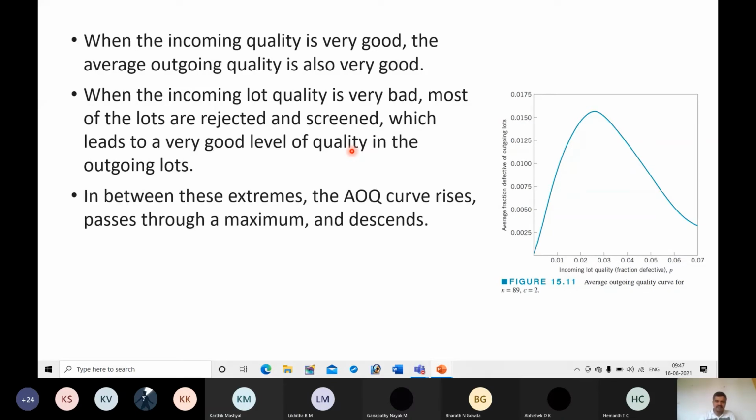In between these extremes, if the incoming lot quality is good, the average outgoing quality is also good. So that is one extreme. The other extreme is if the incoming lot quality is very poor, the lots are likely to be rejected and subjected to inspection. Then there is the in-between quality.